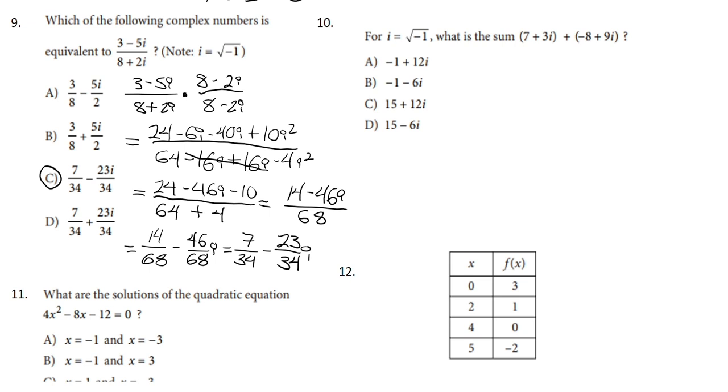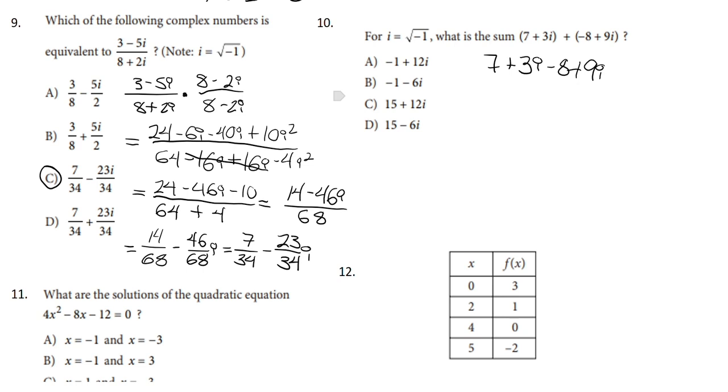For number 10, we're looking for the sum of 7 plus 3i and negative 8 plus 9i. When we have a plus sign in between the two sets of parentheses, it's almost as if the parentheses are not there. So it's going to be 7 plus 3i minus 8 plus 9i.